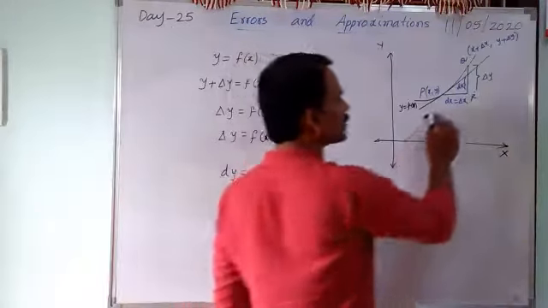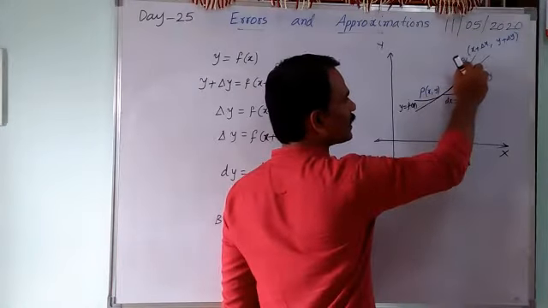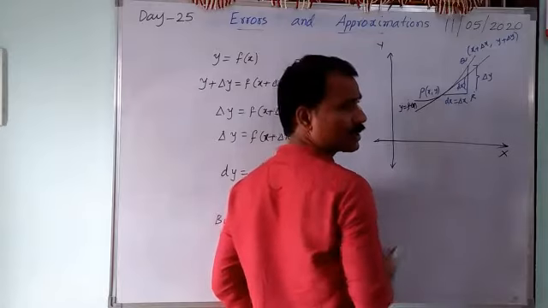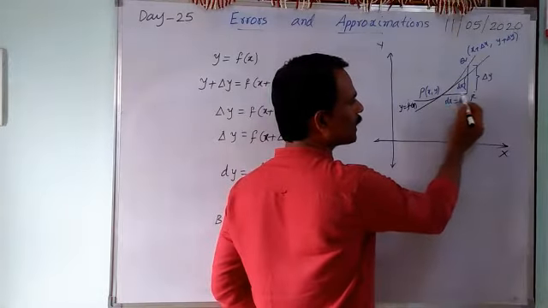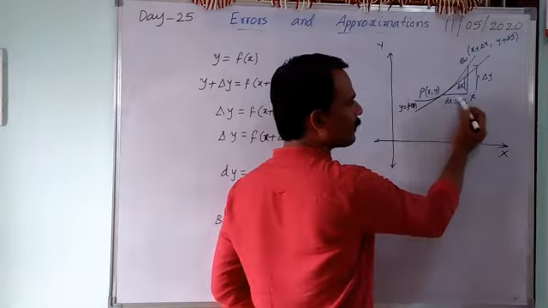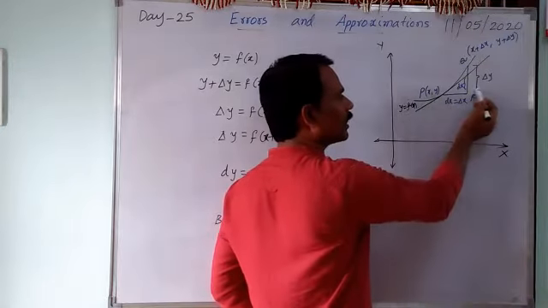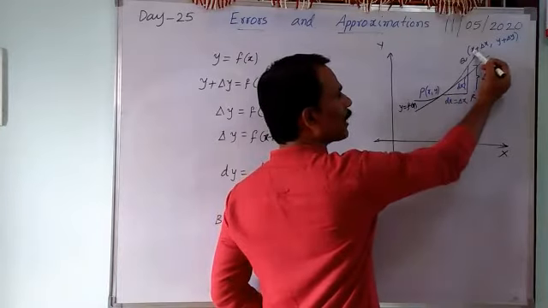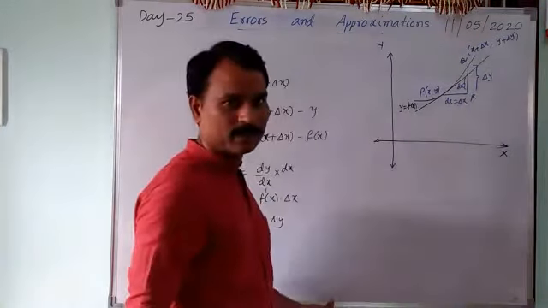Take P as x comma y, one point, and Q as another point on the curve related to this. A little bit of change happens in x, and in the same manner the corresponding y also changes. Generally we write x comma y; here I am writing x plus delta x comma y plus delta y.